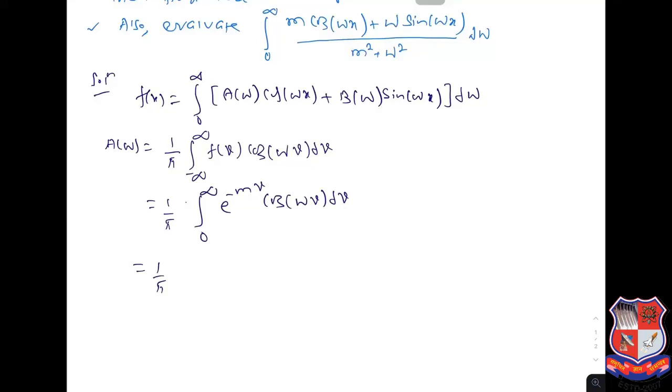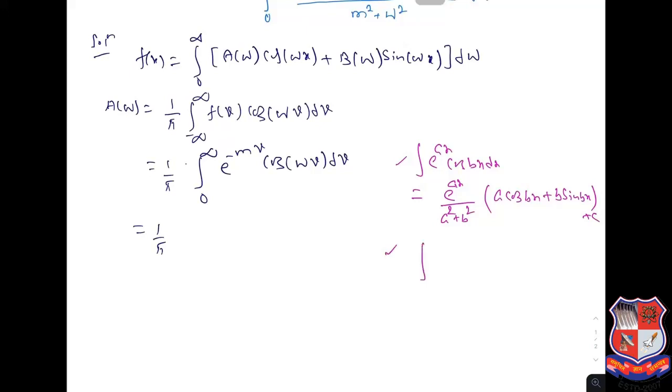The formula is integration e power ax cos bx equals e power ax upon a square plus b square times (a cos bx plus b sin bx).